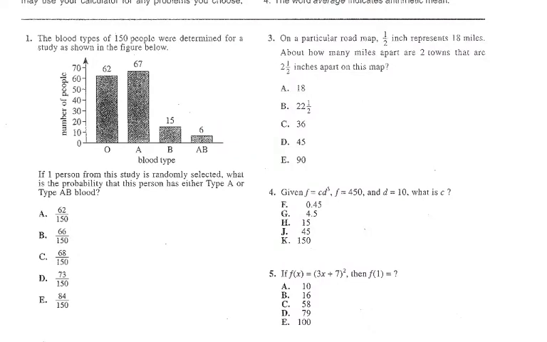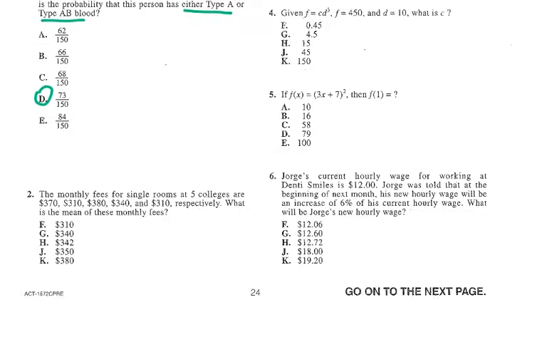For number 1, you are looking for the probability that the person is either type A or type AB. Type A is 67, type AB is 6. Adding together, you will get 73. That's why your answer is D. For number 2, we're looking for the mean.